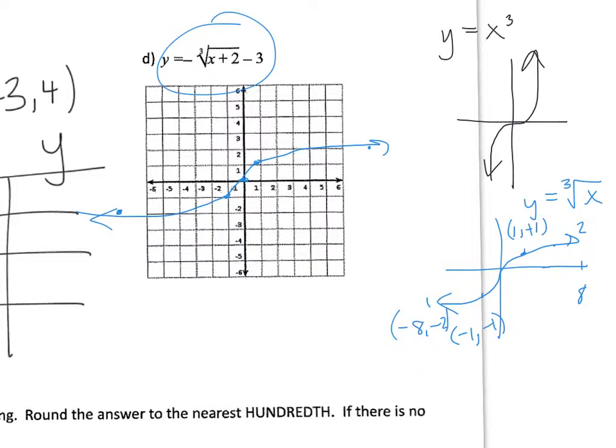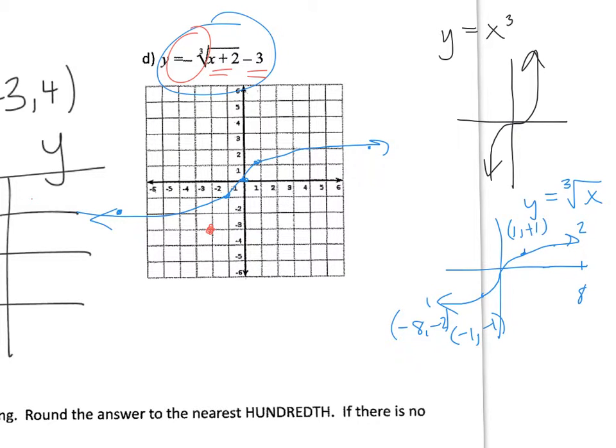Well, now this means that it's opposite, so it's going to open down, and we're going to move down 3. And we're going to do left 2. So I'm going to go left 2 over here, down 3, and this is kind of like my origin point. But this opposite sign means that it's going to be reflected across the x-axis.